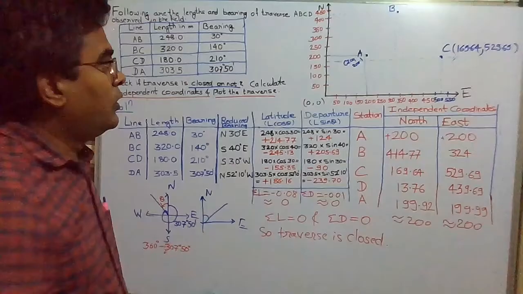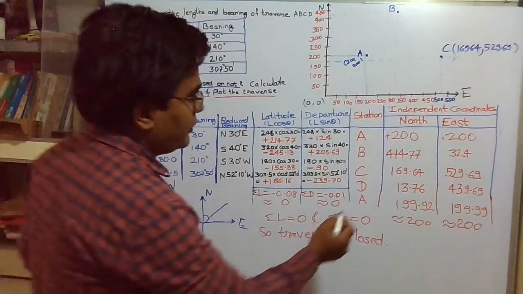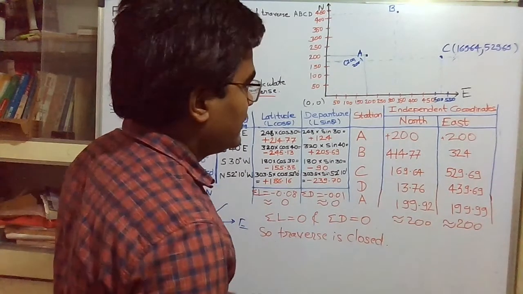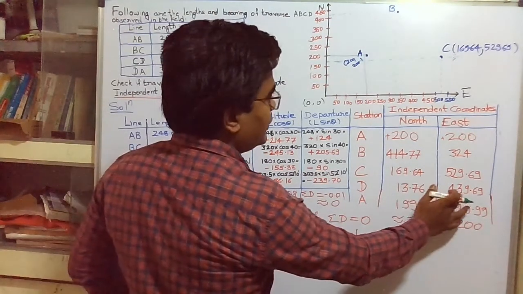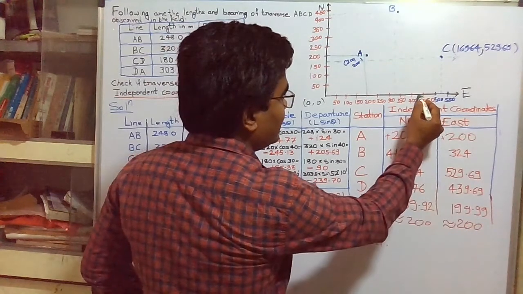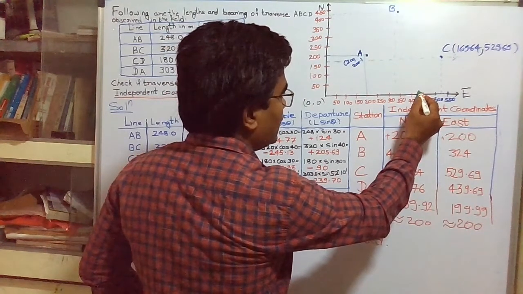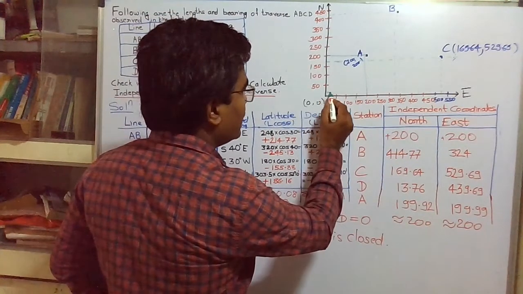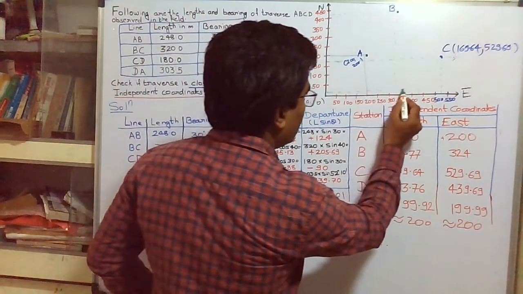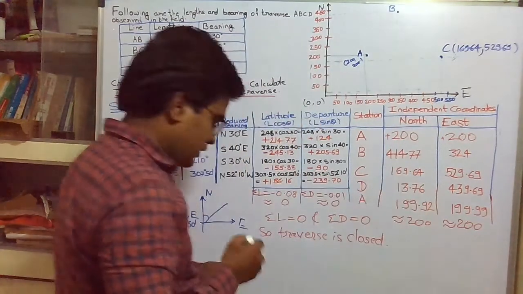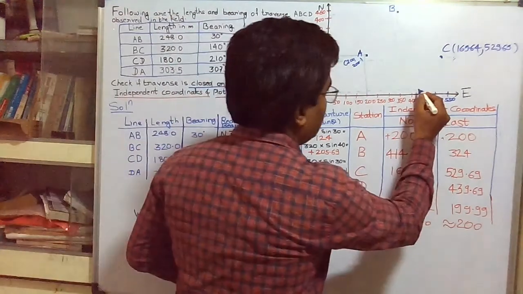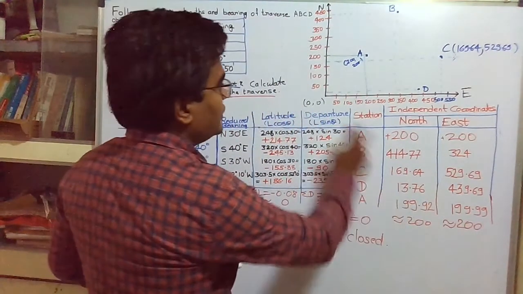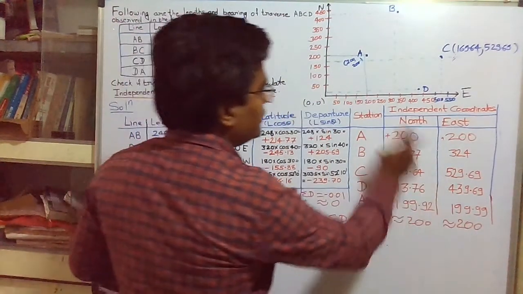Next, the coordinate of point D, that is northing 13.76 and east 439.69. The 439.69 will come here like that, and D at 13.76 means it will come somewhere here. So this is nothing but point D. The coordinate of point D is 13.76 north and east is 439.